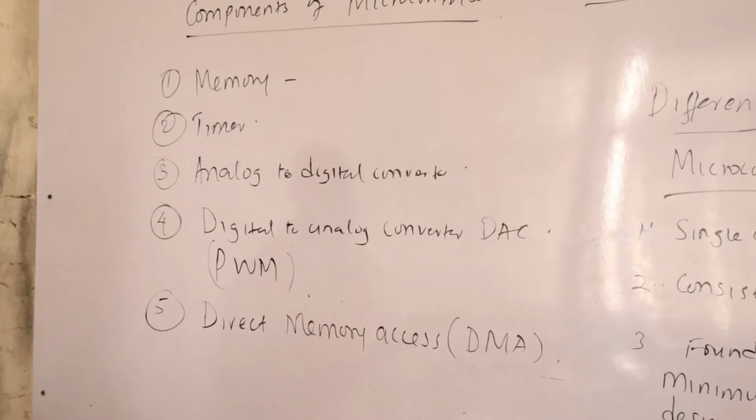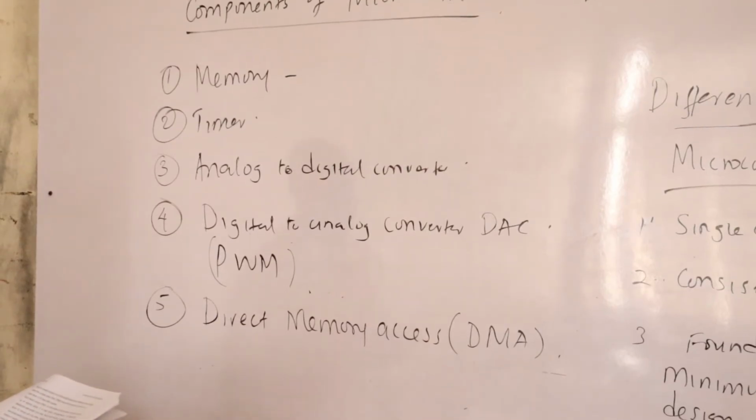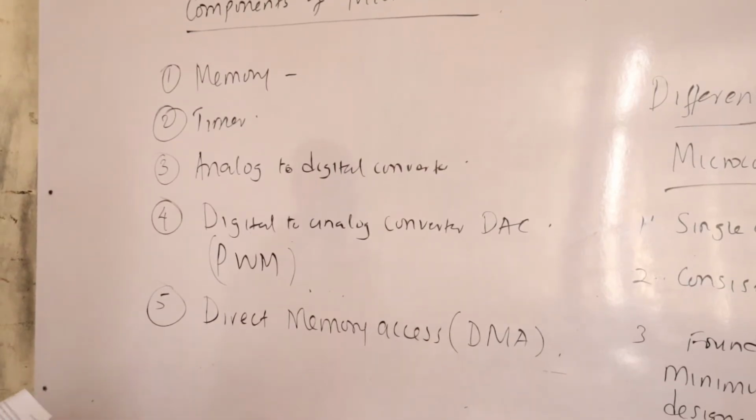In the conventional way of data transfer, the data has to be transferred through a register called the accumulator, which is usually used for data transfer.